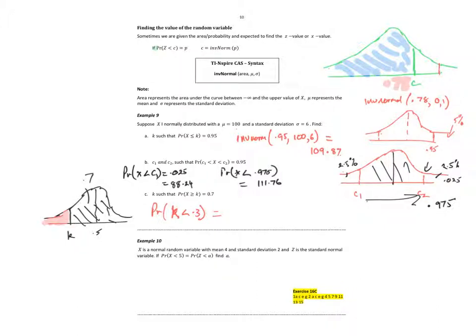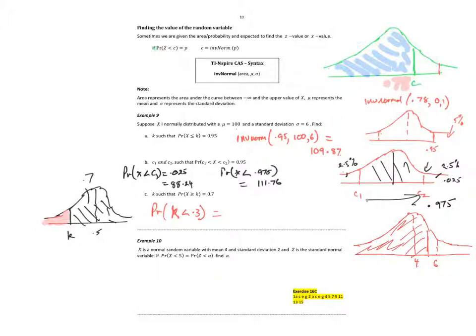So let's have a look at this next example. This next example gets us to compare two different distributions, a standard normal with a distribution that has a mean and a standard deviation of 4 and 2. So there's my 4, there's 6, and we're told the information that the probability is less than 5.